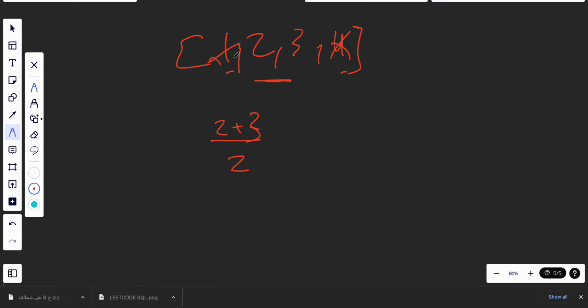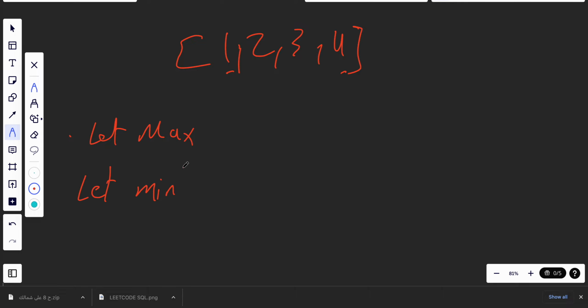So how can we solve this problem? We can solve this problem with one loop and one loop only. What we can do is create a maximum value and a minimum value, like let max and let min.